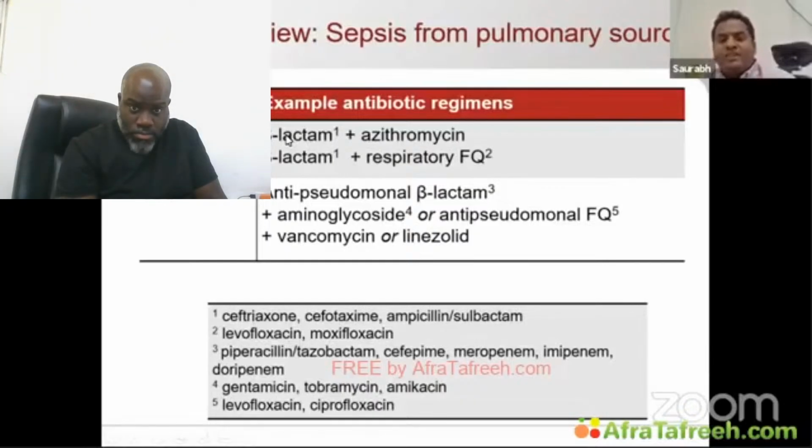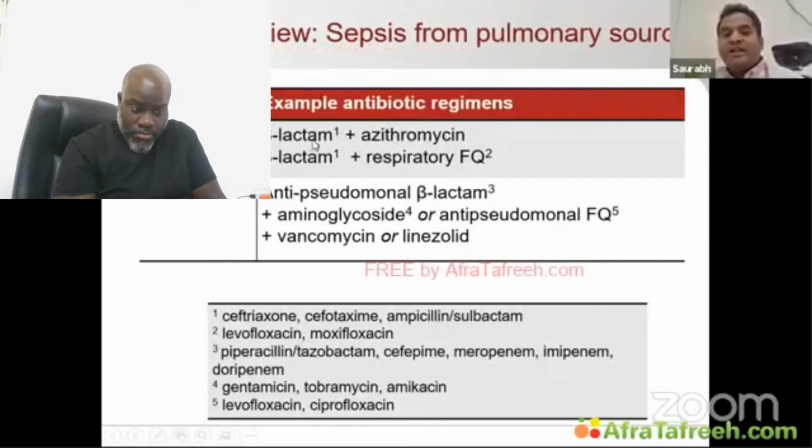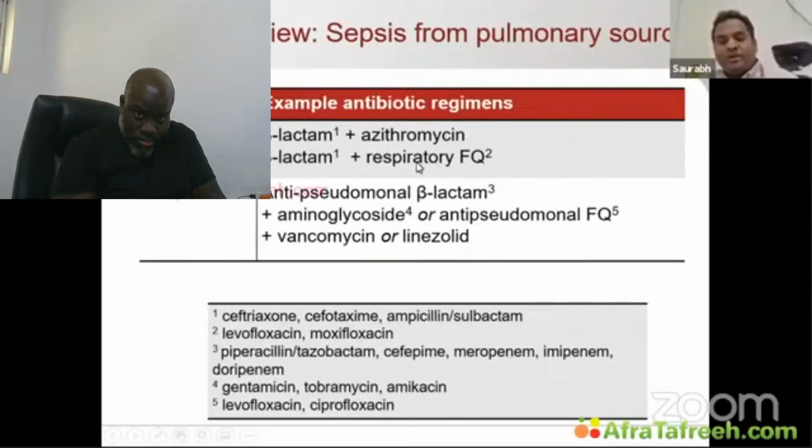All this will vary, but this is the basic principle that you need to give one beta-lactam and one macrolide, which is usually azithromycin or clarithromycin. Alternately, you can use a beta-lactam along with a respiratory fluoroquinolone. Respiratory fluoroquinolones include levofloxacin or moxifloxacin.